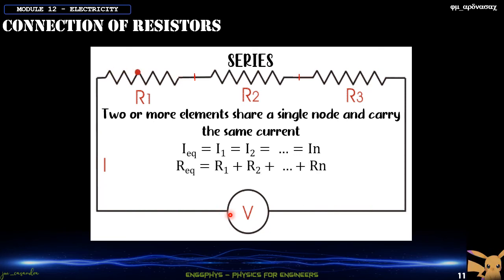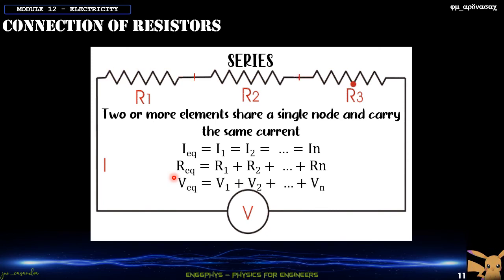And for our resistance, the equivalent resistance can be computed as the summation of your individual resistances. And so we have here the equation. The equivalent resistance or the total resistance could be computed as R1 plus R2 until the nth resistor.